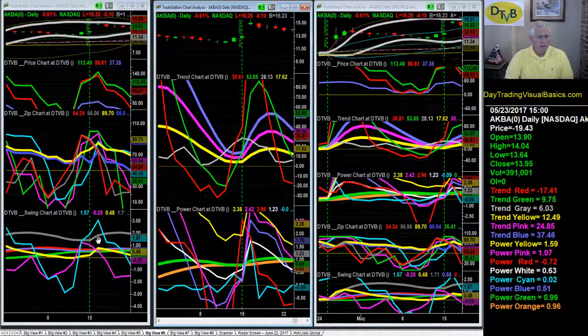You also have in your swing Zion and your swing pink divergence that's taking place. You have that also in the zip yellow and zip blue, one going up, one going down. When you get divergence in stuff, it causes a reaction, because these are very sensitive indicators, but one is telling you that the market pressures are moving up, and the other one is telling you that the market pressures are moving down.